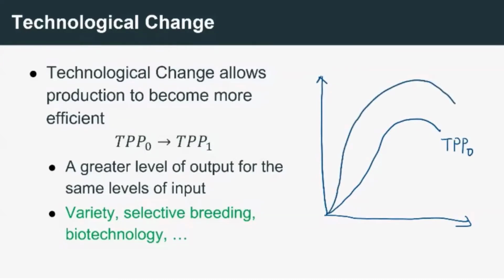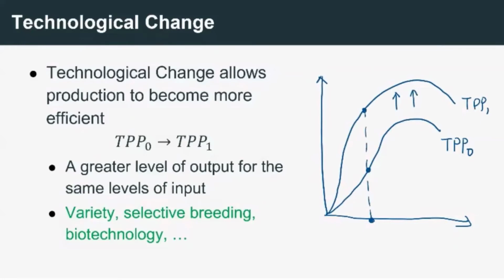This is TPP 1. So when a technology change happened, your TPP changed from 0 to 1. And for every level of input, you get a greater level of output.